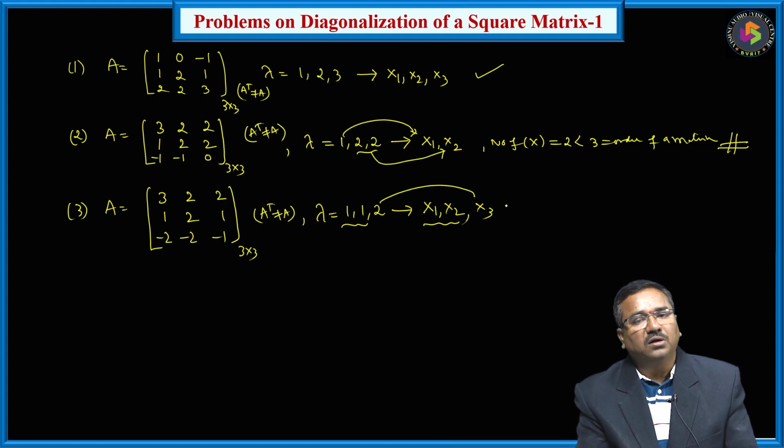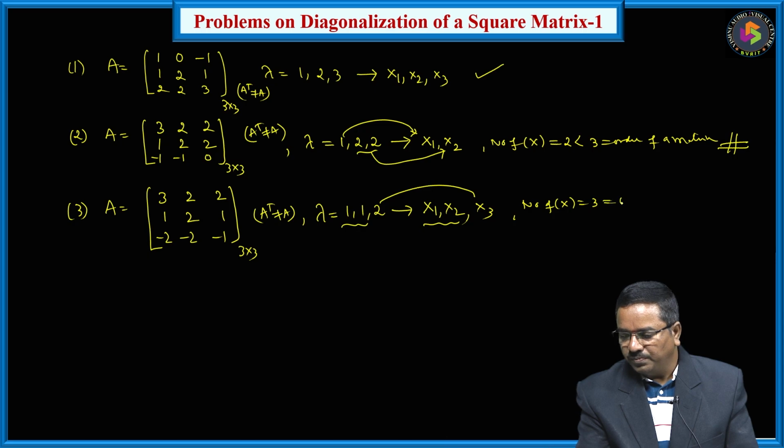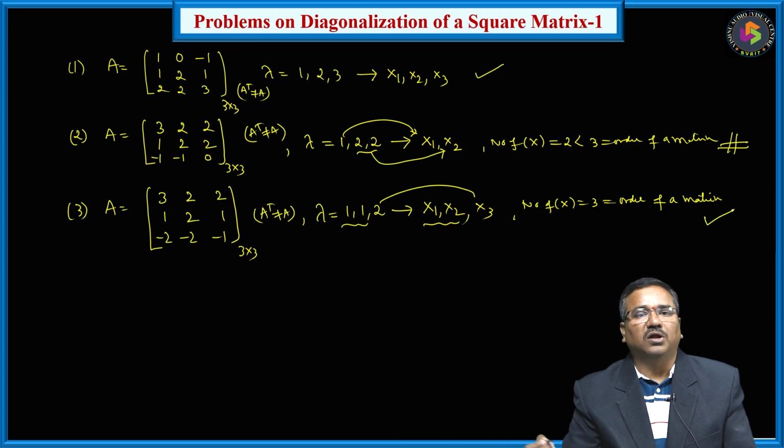So, totally how many eigenvectors do we have? The number of eigenvectors equals 3, which equals the order of the matrix. Therefore, this case is diagonalizable.